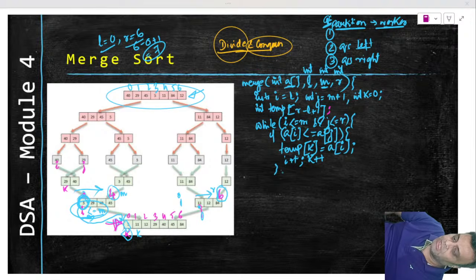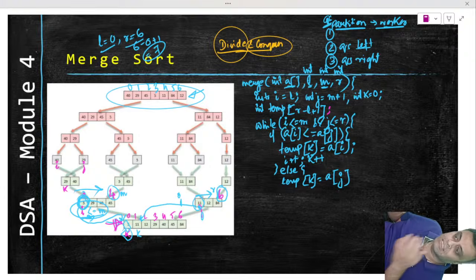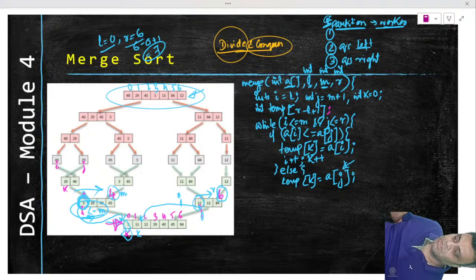But there could be an else situation where, if that is not possible, then temp of K will become A of J. So obviously A of J is less than A of I, so 11 must be the smaller one, and 11 has to be put in the correct position. In that case, I will take 11 and put it in the correct position of temp of K. Because I have consumed my J, J will have to move forward, and K will have to move forward.